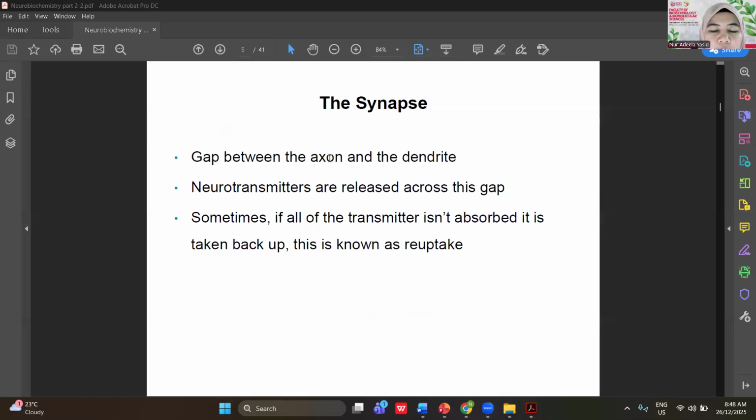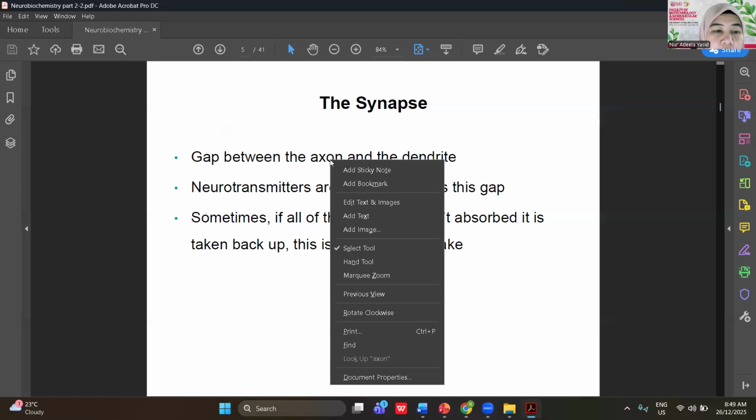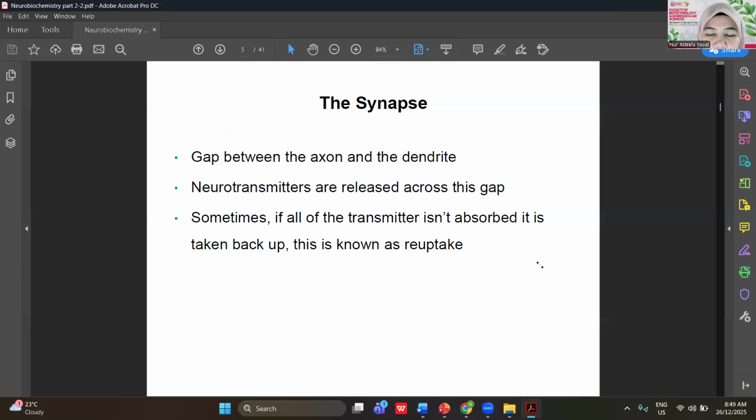So when an action potential reaches the axon terminal of the presynaptic neuron, it triggers the release of neurotransmitter. Then these chemical messengers are released into the synaptic cleft from vesicles in the presynaptic terminal.